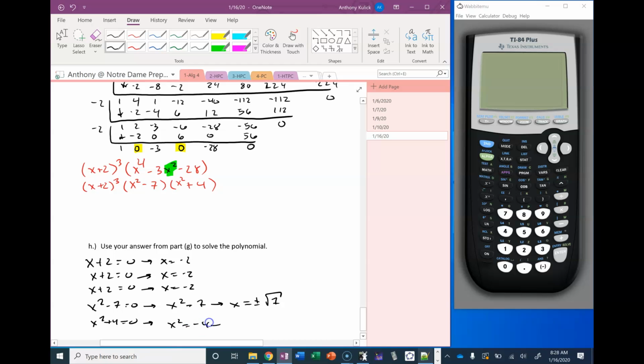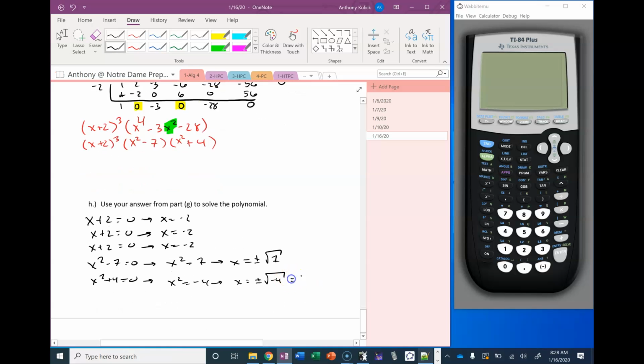Here I'll subtract 4 from both sides, and when I square root both sides, I get plus or minus the square root of -4. Well, because I am square rooting a negative, I know I need to use an i, and then the square root of 4 is just 2. So plus or minus 2i. And there's my final answer.